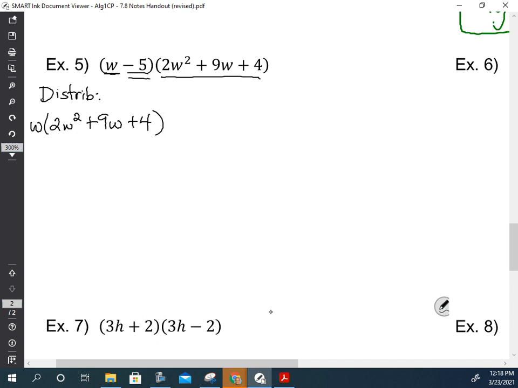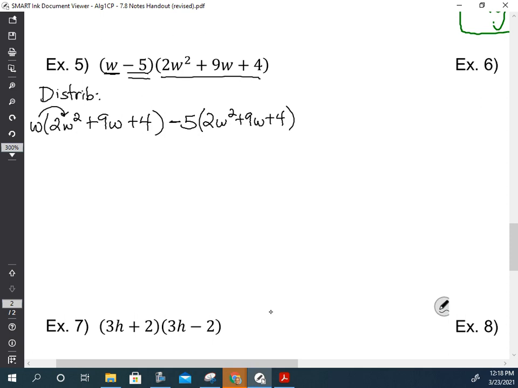Now, the 5 has a negative sign in front. Since the 5 has a minus sign in front, you have to keep the minus sign in front of the 5. It is now forever attached to that 5. So now we distributed it out.